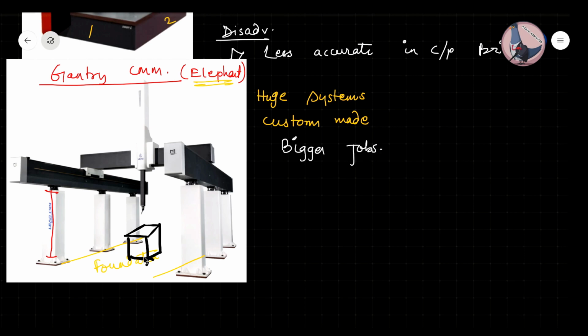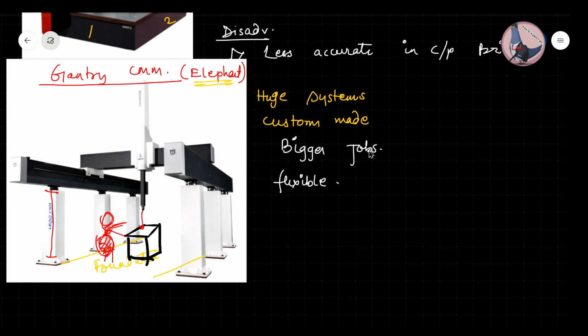Then, on all sides the operator can stand and do the work. Suppose the operator goes and happily stands, and if he touches the thing, he can see whether the probe is making contact or not, so he can very well take care of the inspection going on. So accessibility is very nice, very flexible, I should say.